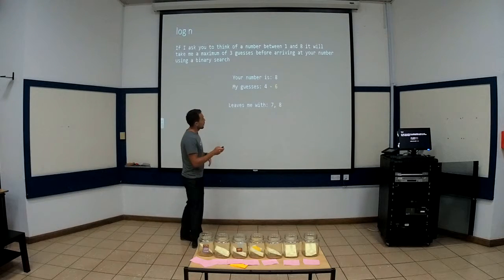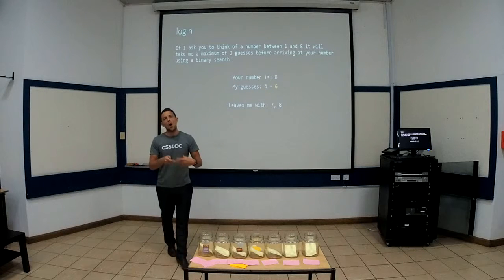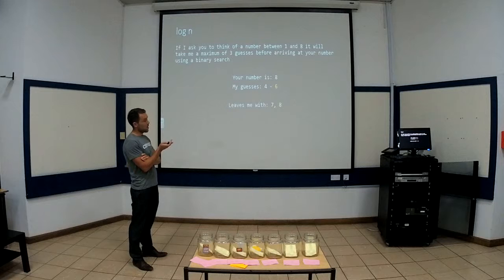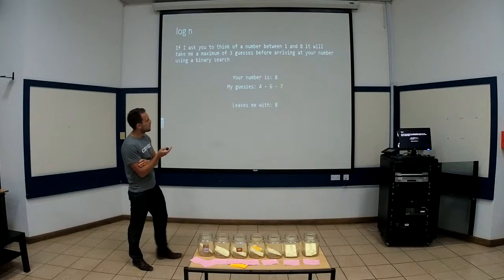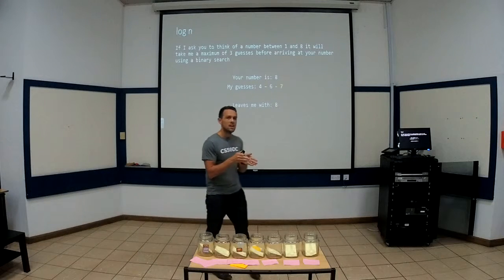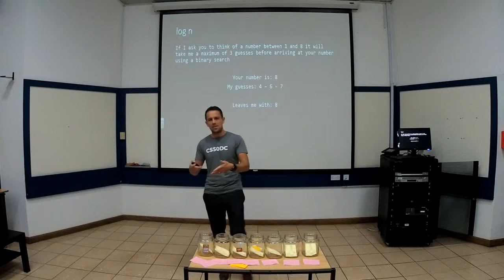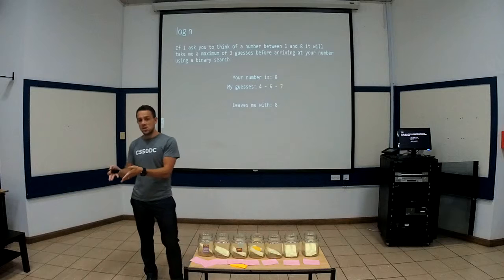So I guess 6, and they say, no, my number is higher. Then I know it's either 7 or 8. If I guess 7, and they say, no, it's higher, then I know it's 8. So it's taken me 3 steps to get their number, which is 8.